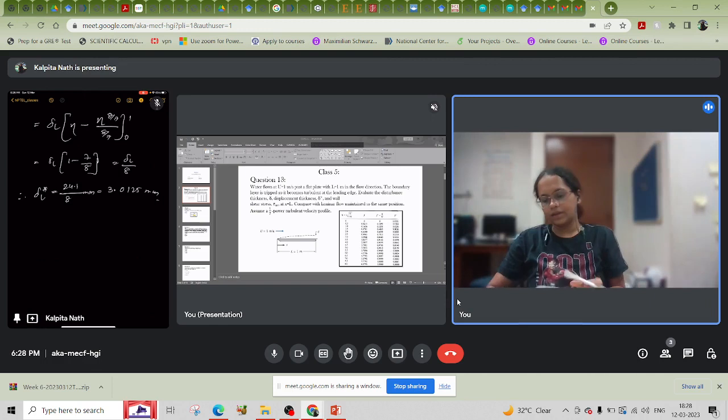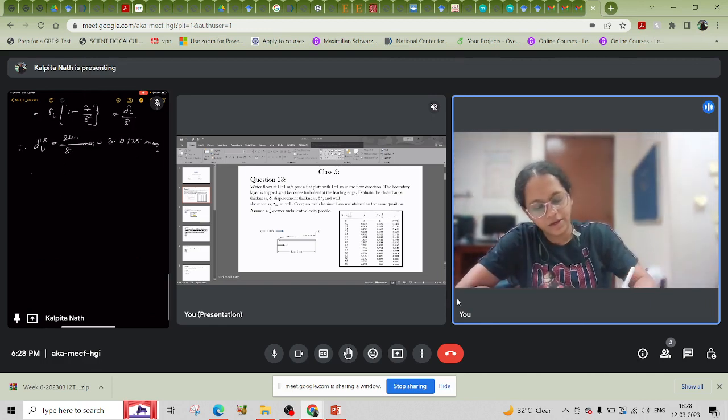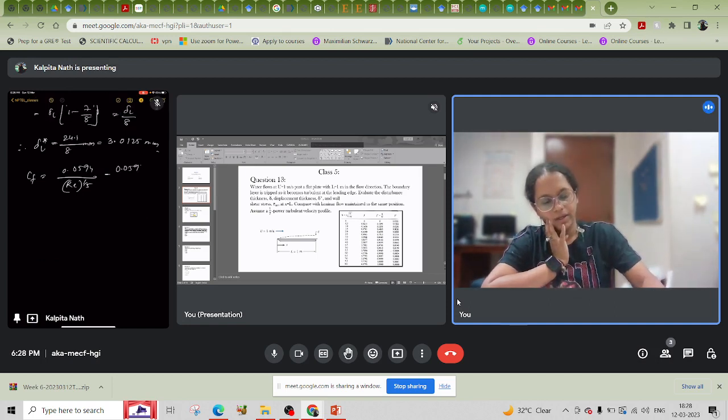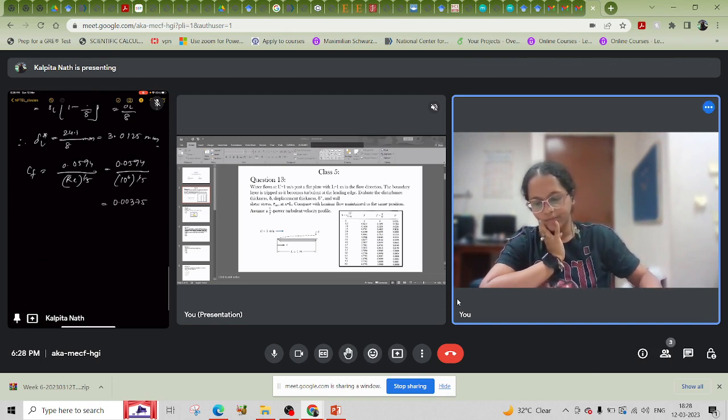Next is the skin friction coefficient. From there we can get the shear stress. CF is 0.0594 times Reynolds number to the power minus 1 by 5, that is 0.0594 by 10 to the power 6 to the power 1 by 5, which is 0.00375.